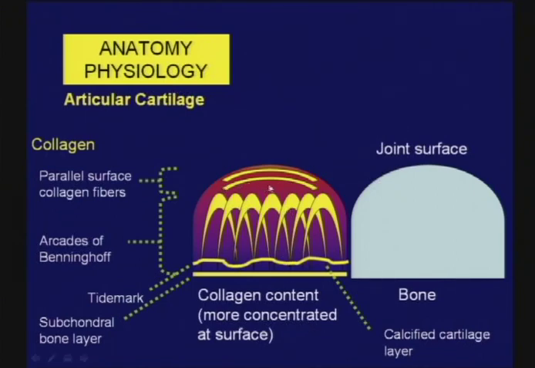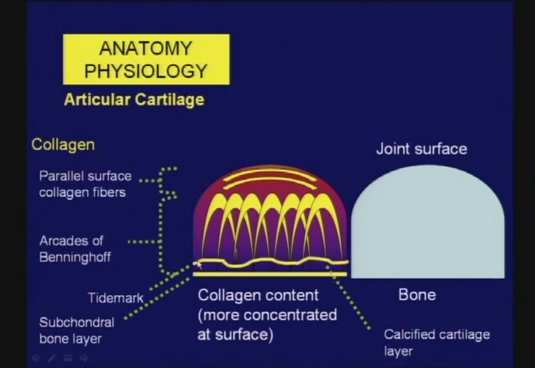Often it is indicated that there are parallel collagen fibers within the surface, and then there are these very distinctive arcades of collagen described by Benninghoff that extend from the superficial layers down through the calcified cartilage layer, being anchored into the bottom of the articular cartilage.